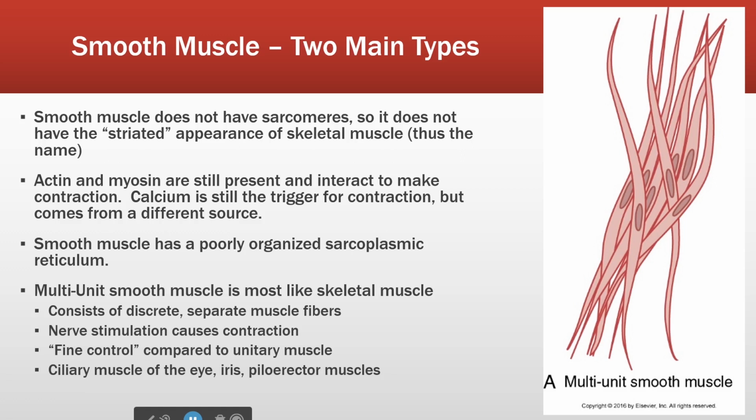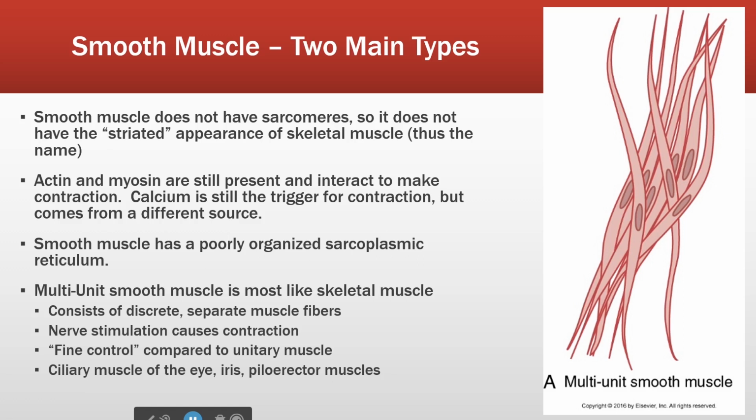Calcium is still the trigger for contraction, but the mechanism is significantly different. If you like to think in terms of evolutionary biology, smooth muscle is much, much older than skeletal muscle. Therefore, it's simpler. It has a simpler, less rigid structure.